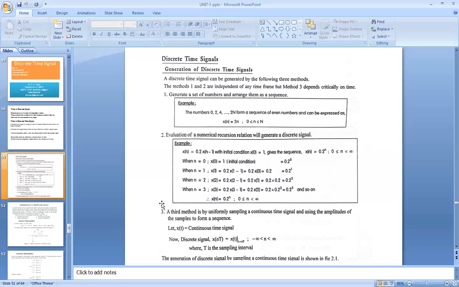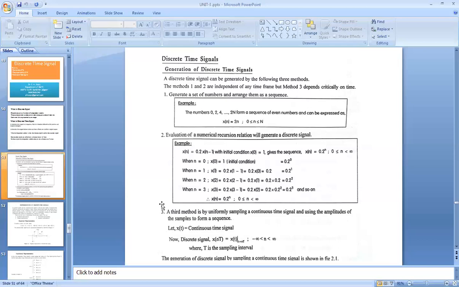The first point you can see here: generate a set of numbers and arrange them in a sequence. So here the discrete time signal is represented by x of n is equal to 2n, where n varies between 0 and capital N. When we put n is equal to 0, you will get x of n is equal to 0.